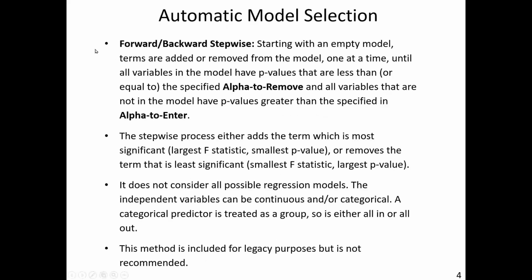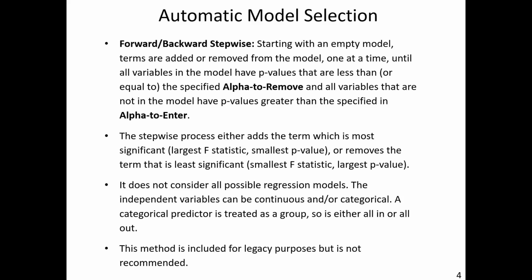So we're going to start with the classical automatic model selection method, which is known as stepwise. And it is both forward and backward. The way this works, you start with an empty model. Terms are added or removed from the model one at a time until all variables in the model have p-values that are less than the specified alpha to remove, and all variables that are not in the model have p-values greater than the alpha to enter.